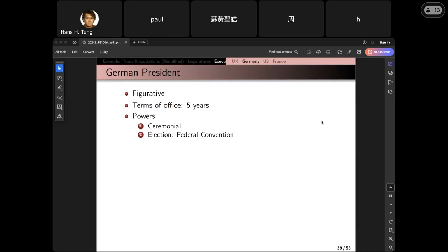According to the veto player theory, given a very similar ideological setup in the country's partisan structure, will bicameralism in the legislature make this country more or less likely to implement reform compared to unicameralism? This is not too difficult, I suppose. So anyone wants to try? Just answer this question for us.